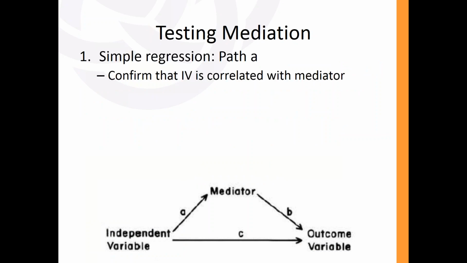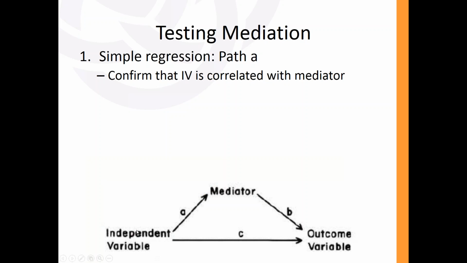conceptually, this is going to go over a little bit of what we just discussed, but when you're testing mediation, you have a number of steps that you have to go through, and each of them is basically a linear regression. The first is that you have to confirm that the independent variable is correlated with the mediator, right? Because that's part of the process.